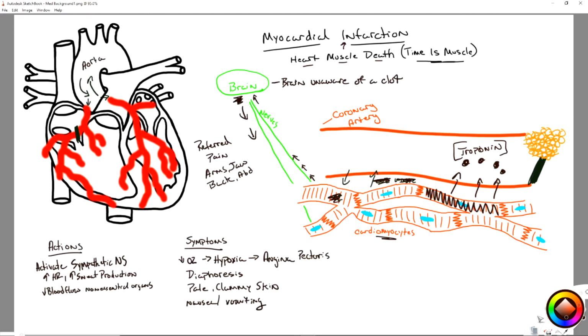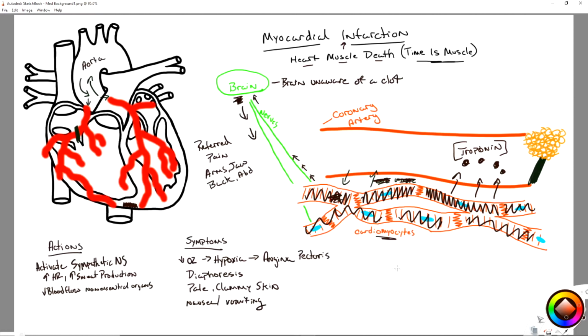Okay? So as this continues, more and more cells begin to die off, right? And ultimately, the whole section of cardiomyocytes die off, okay? And what ends up happening is, depending on the thickness, the length of death that allows, okay, you could have partial thickness where it's only a little sliver, okay?